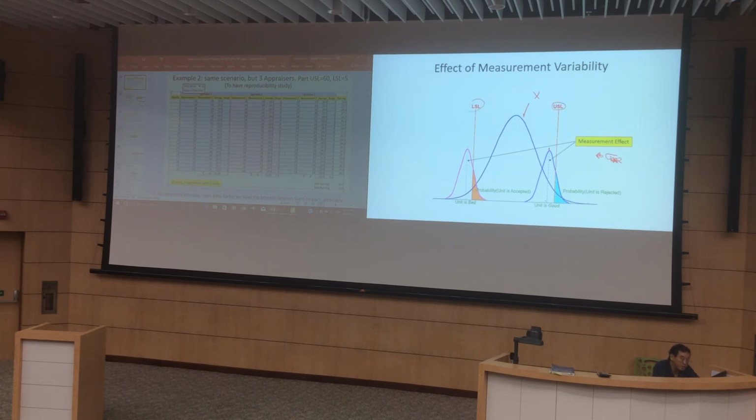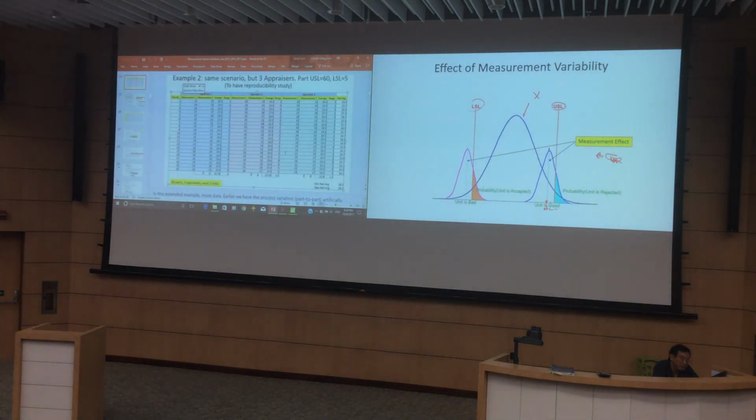So when you measure a reading, this is your observed reading, and your observed reading can have this kind of range. So sometimes the part is no good, but because of measurement error, you may call this part good. Or the part is bad, you may accept this one. So there's an error there, see?